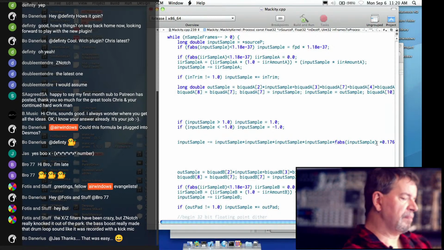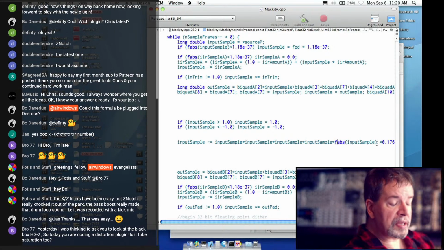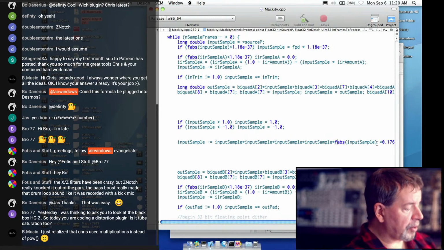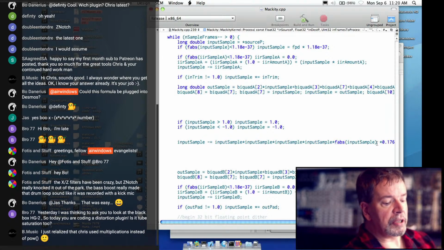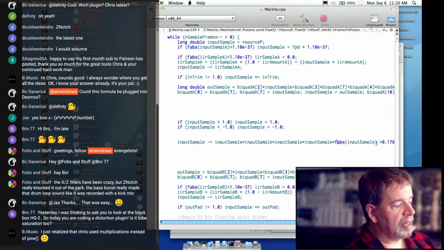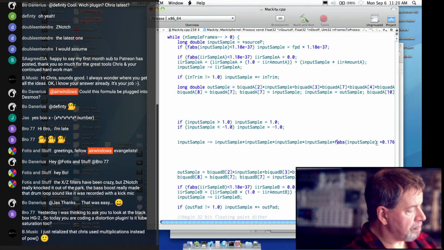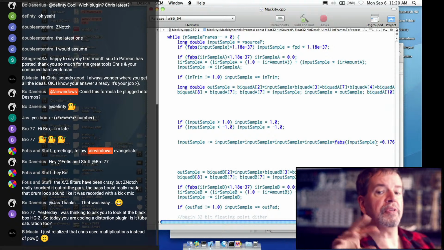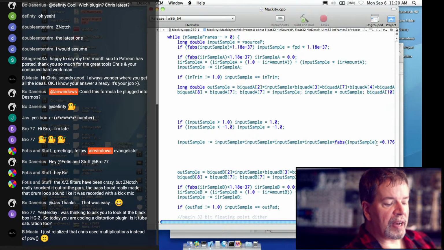If you use POW, one of the things that happens is you're calculating the actual result in higher resolution than you would using just a floating point number and doing input sample times input sample times input sample and so on. Yeah, because POW runs more accuracy for the purpose of being able to do this calculation.